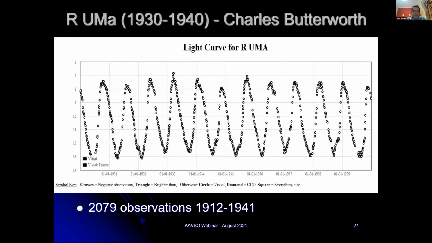So here's a light curve of a Mira type variable by a single visual observer, a very good visual observer, Charles Butterworth, the first observer to accrue 100,000 observations, back in 1939. This is his light curve of Ursa Majoris, and you can see very clearly the difference in shape of the light curve from each cycle, and the subtle differences coming out here.